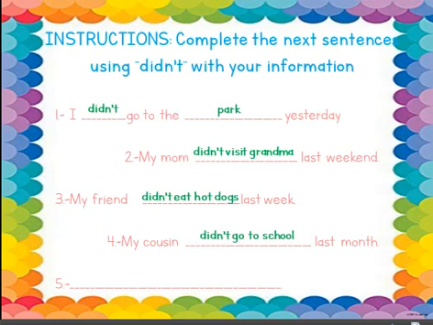Didn't and the verb in simple form are obligatory. And number five, you can write the sentence that you want. In my case, my sentence is I didn't wake up late yesterday.